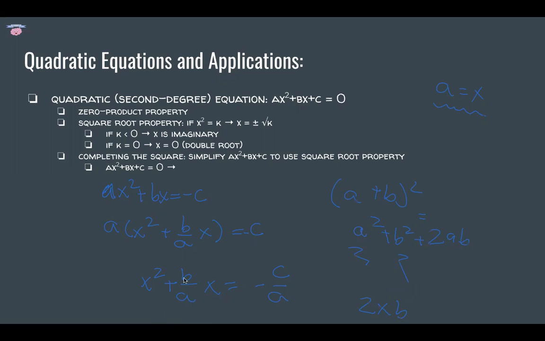We have x. So that means that b over a divided by 2 is what we want, because we can just cancel out the x's. Then you have to divide by 2 to get b over 2a. So let me erase a bit so that I have more space.